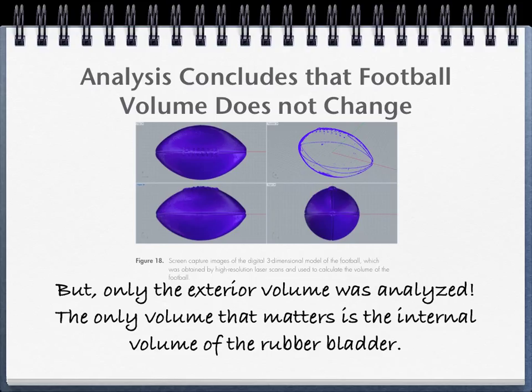There are seams, and at the two ends of the football, the interior surface is highly irregular. And the bladder has to be forced into those areas, and the seams have to be pushed down by the bladder. So there's an opportunity for there to be a change in the interior volume. And I attempt to demonstrate that, but as I say, I can't tell whether it's a change in interior volume or the release of air. It could be either.